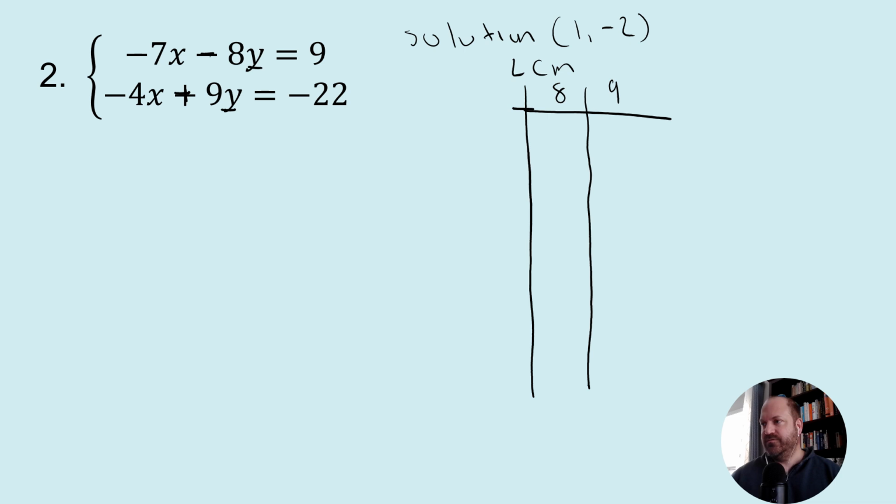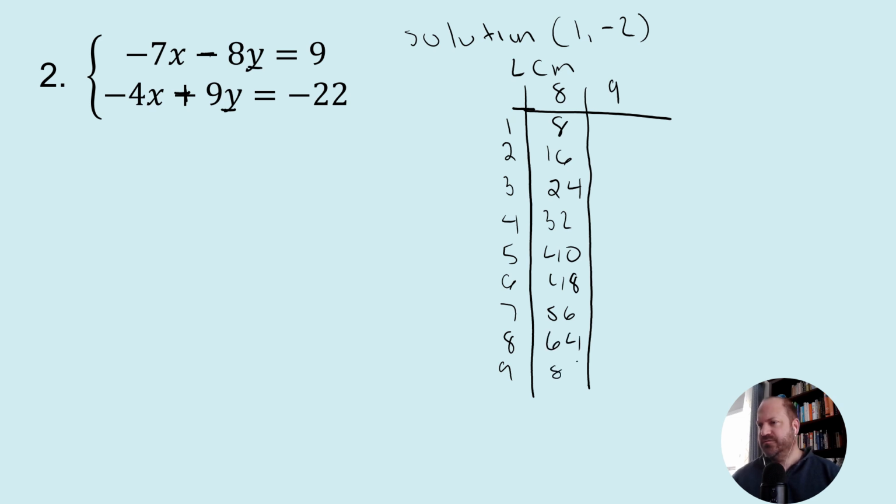Some of you may already figure out what that is. If you do, good. If not, I'm just going to go through the steps to do this. So just creating our table. Let's write this out. We've got 8, 16, 24, 32, 40, 48, 56, 64, and 72.